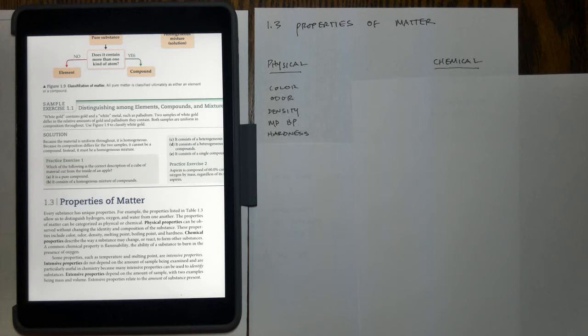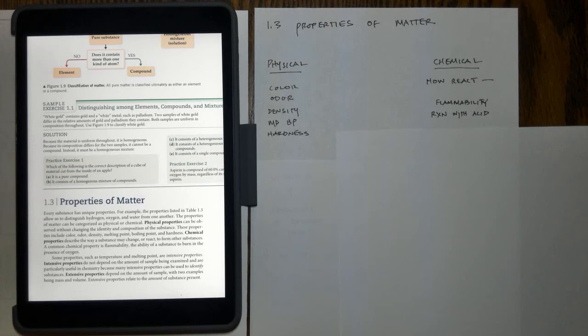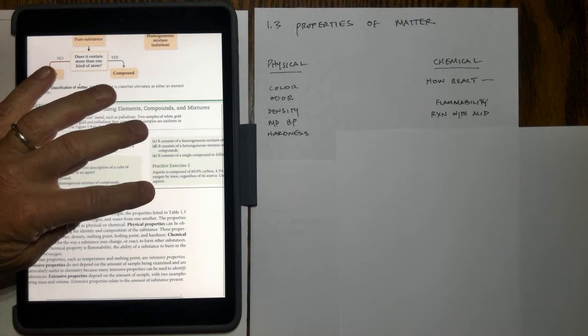Chemical properties describe how it would change when it's reacted with something else, how it would be flammable in air or in the presence of oxygen, how it would react with acid, or would sunlight cause it to undergo a chemical reaction. Those are chemical changes versus physical changes.